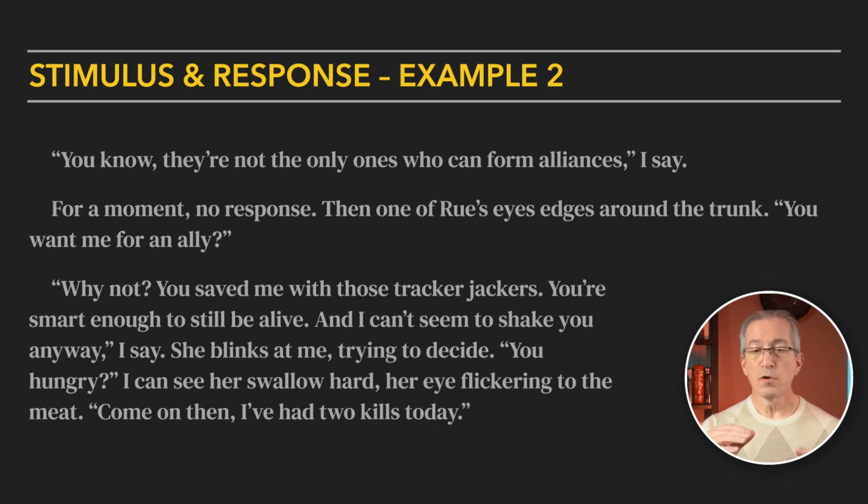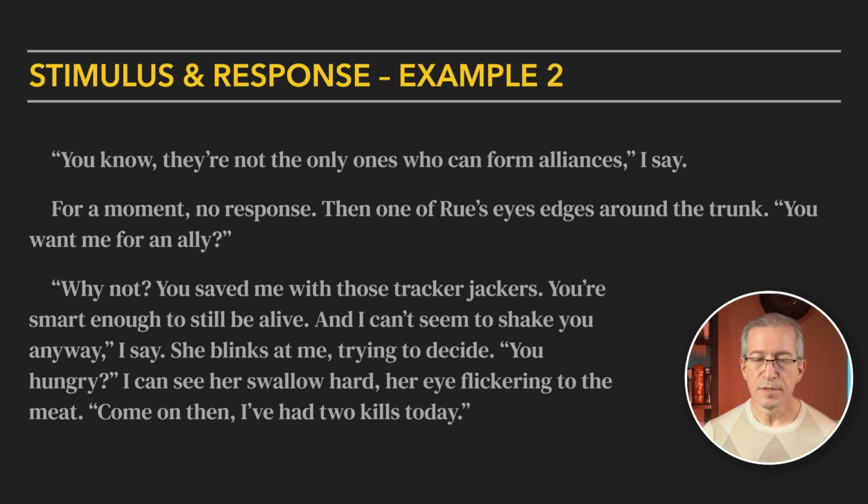So it's verbal on Katniss's part, but note down below, "She blinks at me, trying to decide." That is Katniss's interpretation of what Rue is doing, and it's very likely accurate. But that is Rue's response. Her silence is a response, and that becomes a stimulus for Katniss to say, "You hungry?" And then we see another nonverbal response: "I can see her swallow hard, her eye flickering to the meat." And then Katniss replies, "Come on then, I've had 2 kills today."